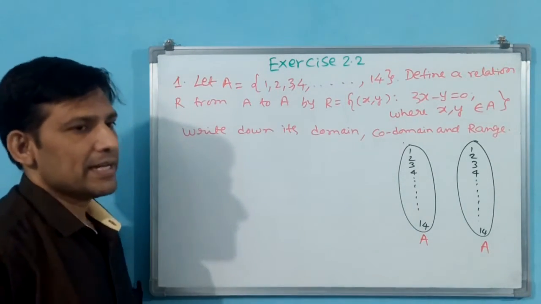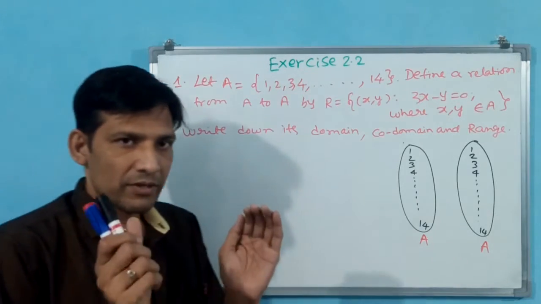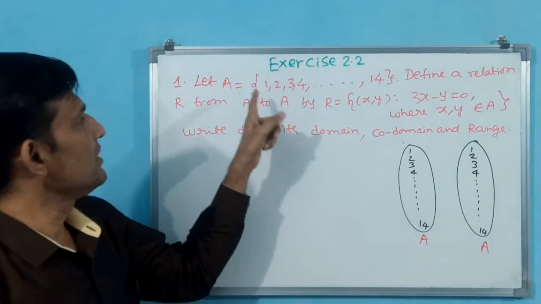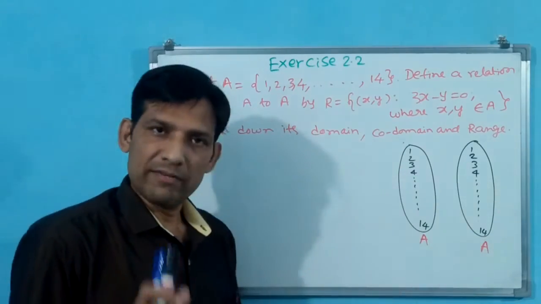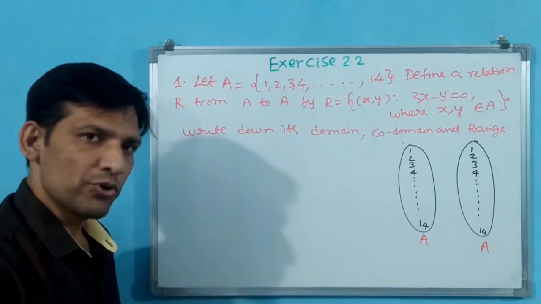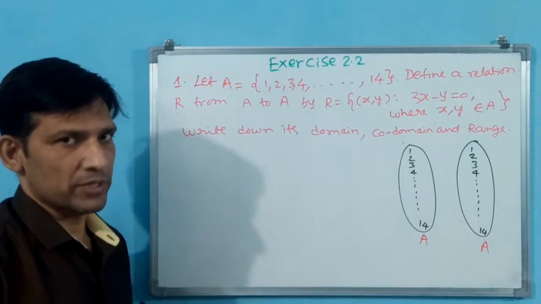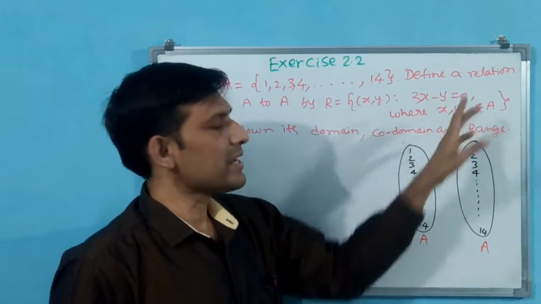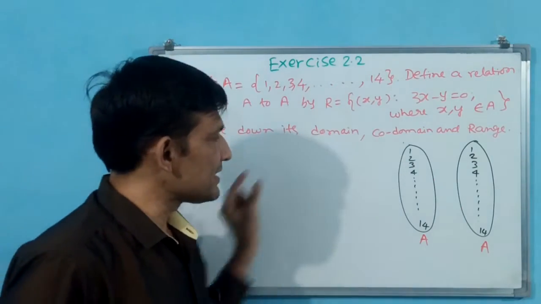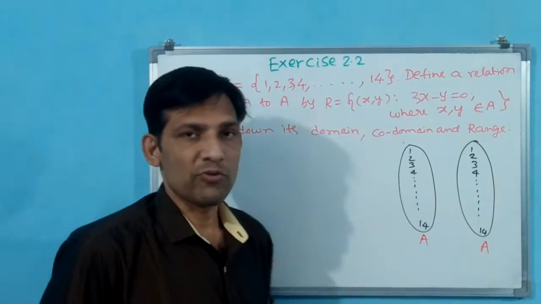What you have to understand here is that some conditions are there. A is 1 to 14, so only 1 to 14 you have to take, not more than 14. And the relation condition given is 3x minus y is equal to 0. Whatever result comes, that relation you have to make.